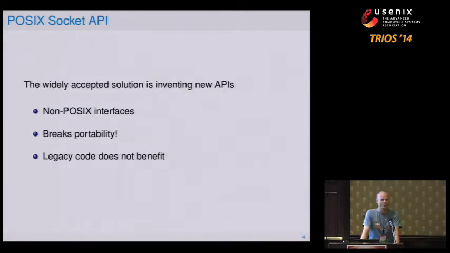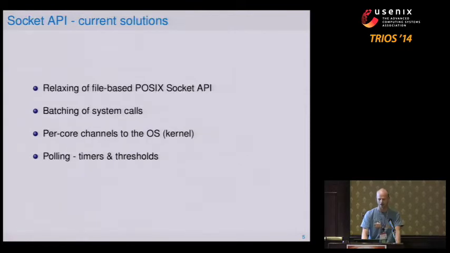The widely accepted solution to the API problem is to come up with a new API. Everybody who is doing high performance networking tries to invent some new API, which is not standardized, and that breaks compatibility and portability across platforms. The legacy software cannot benefit directly, without code changes, from the advances in performance.